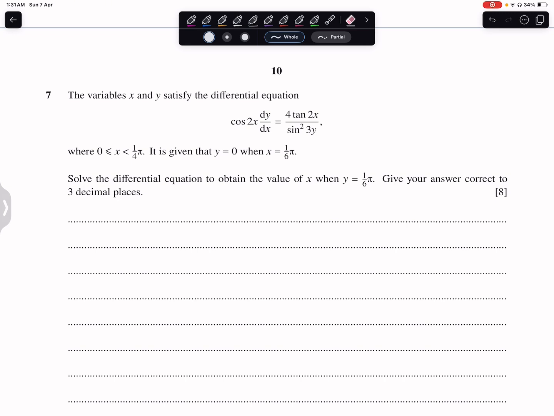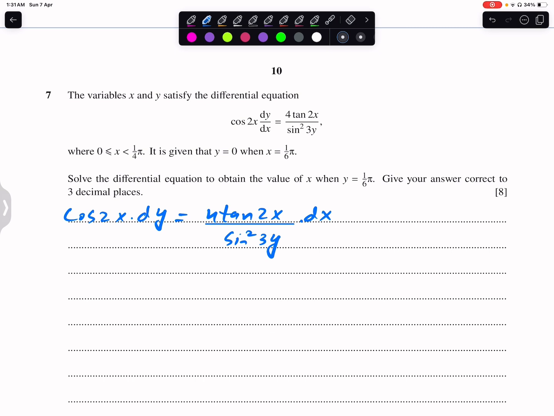Okay, so first let's rearrange this equation by writing cos 2x dy is equal to 4 tan 2x divided by sine square 3y dx, and then bring sine square 3y on the left side and cos 2x on the right side.